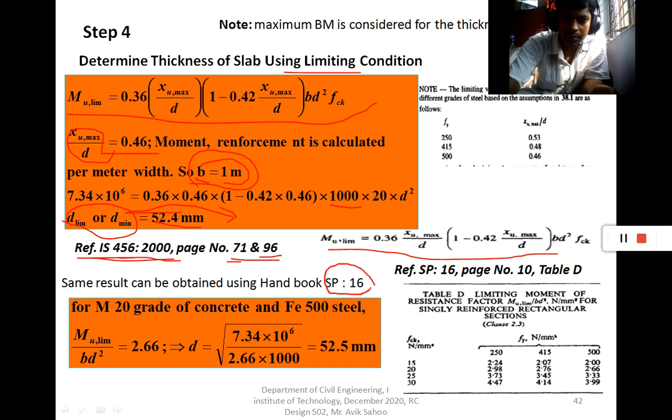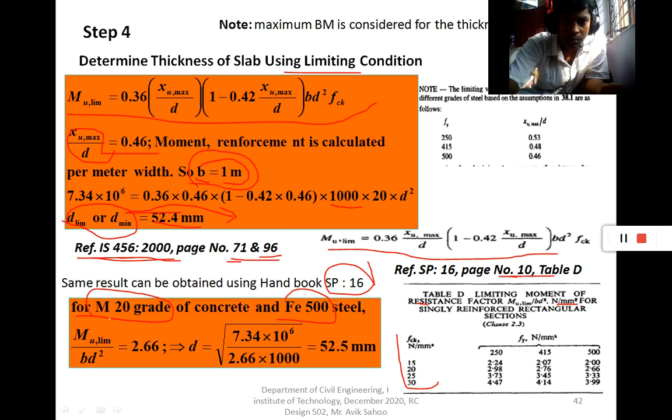You know that SP16 is used for quick calculation. So using SP16, the grade of concrete is M20 and grade of steel is Fe500. Using Table D on page 10 for the grade of concrete, this unit is Newton per millimeter square.